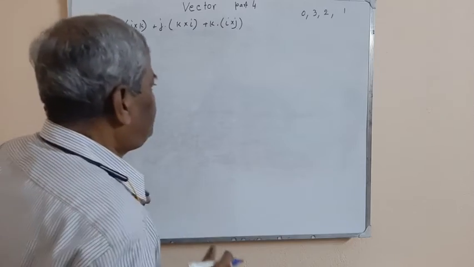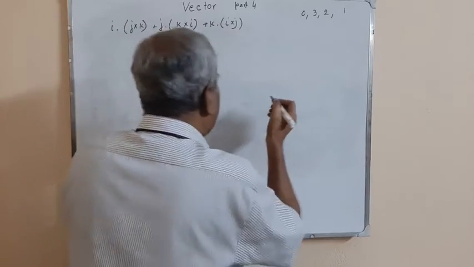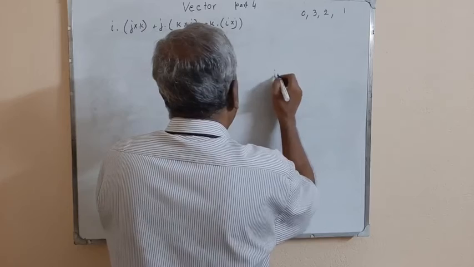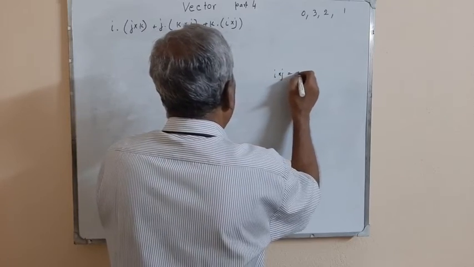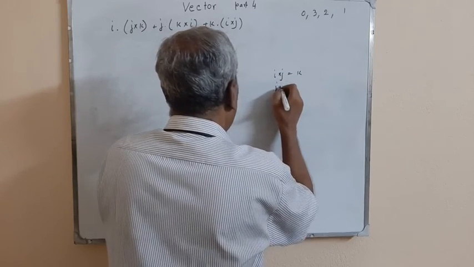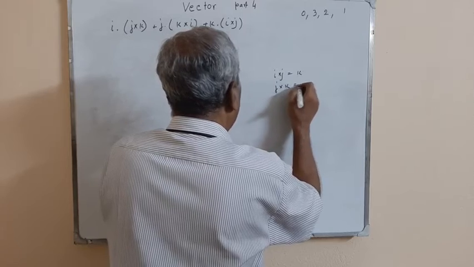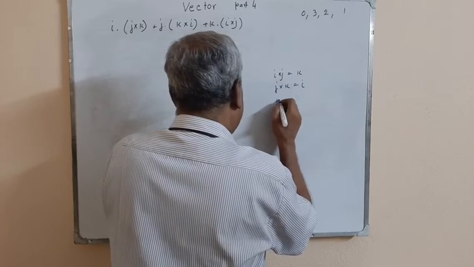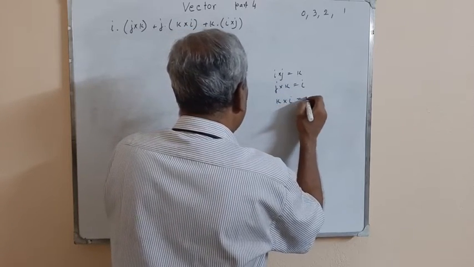Actually, we know that i cross j is equal to k. j cross k is equal to i, and k cross i is equal to j.